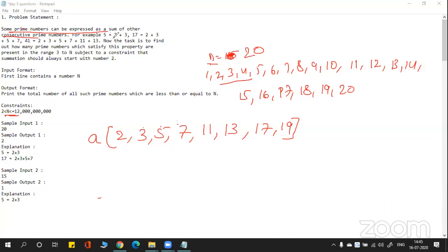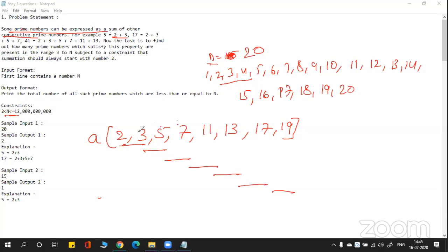One more thing, if you observe, there is no condition that you should take only two numbers or only three numbers. You can take any number, like two numbers, three numbers, four numbers, five numbers, six numbers. If they're telling only two numbers, I can check 2, 3, 3, 5, 5, 7, 11, 13, 13, 17, 17, 19.